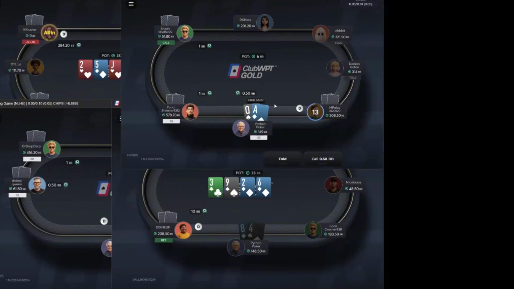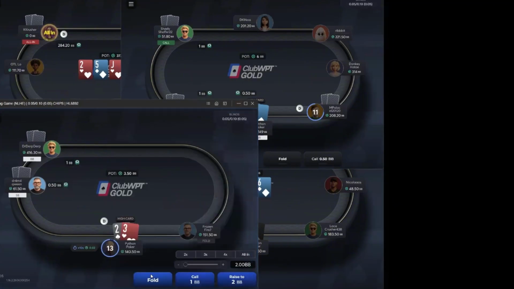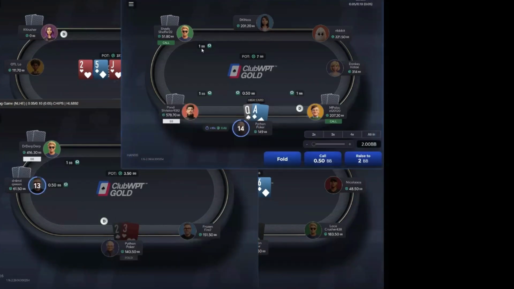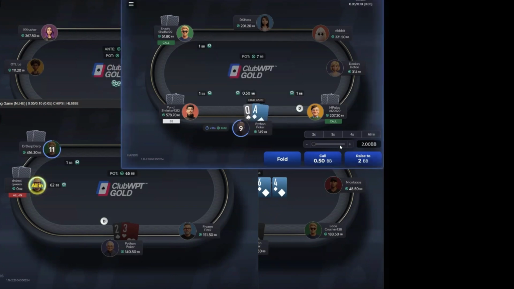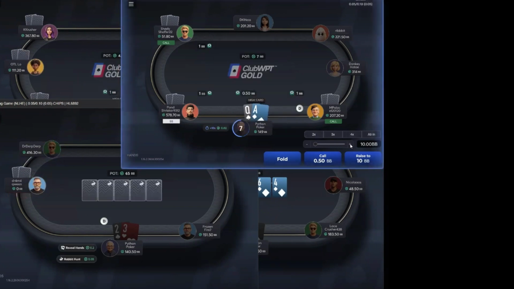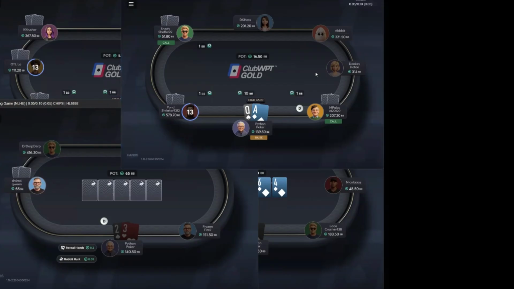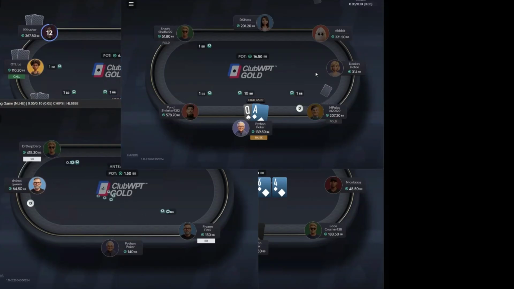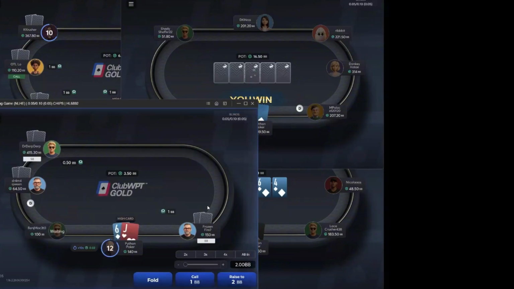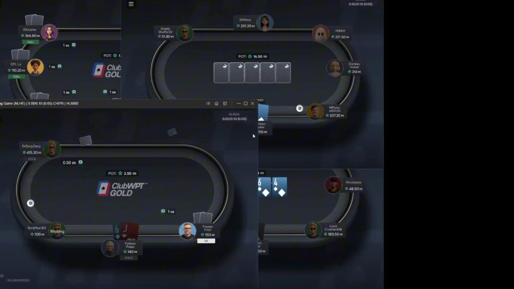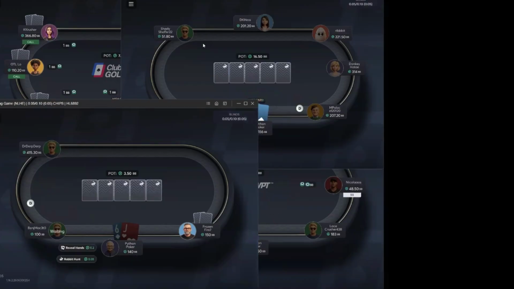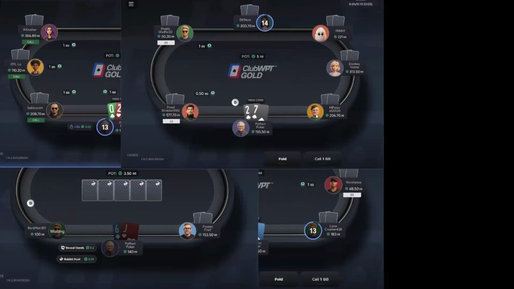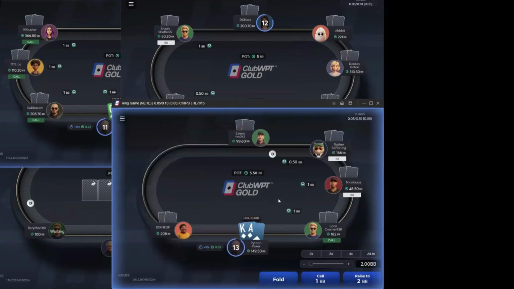We're looking at lots of stats as well as going through the nodes as well. So this is a wide player that limped. I'm gonna bet a larger size just because if they call, we'll have a strong hand, and since they're wide-ish players, they will call those spots a little more often.